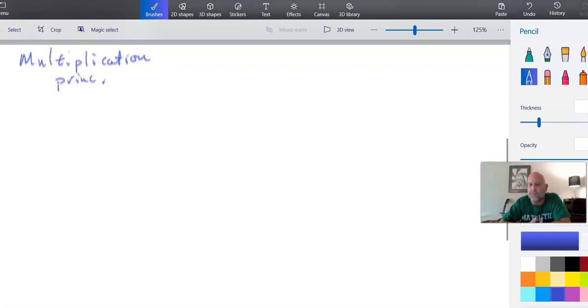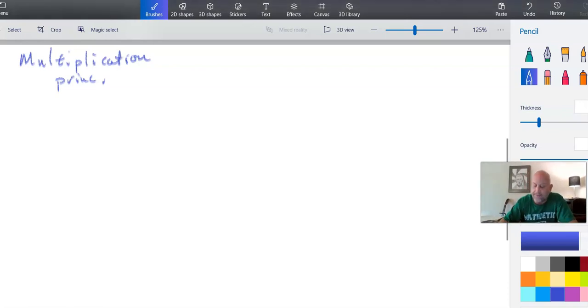And the multiplication principle basically says that if you have several choices that don't affect each other, they're independent choices, and you have a set number of options for each choice, what you do if you want your total number of choices is you multiply all the numbers of options at each stage. Now, that was very wordy. I think it's going to make a lot more sense if we actually see it.